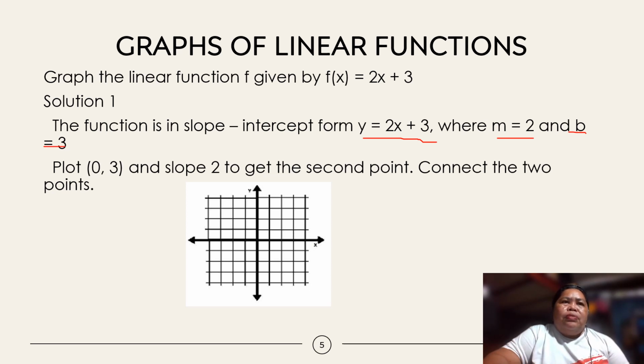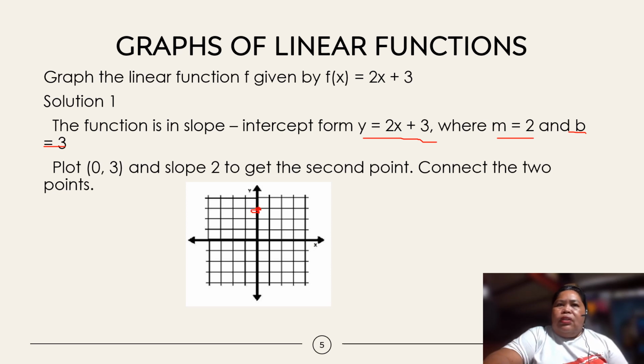First, plot (0, 3) and use the slope to get the second point. So how are we going to do that? We are going to plot (0, 3). Since x is 0 and y is 3, we have a point here.